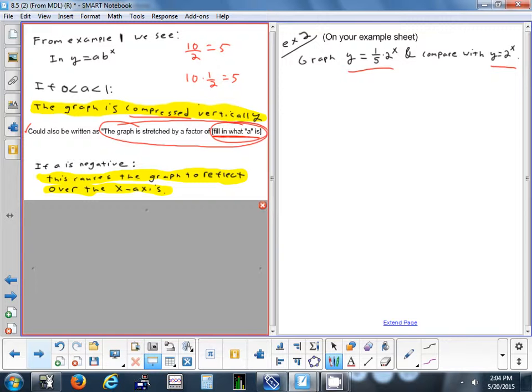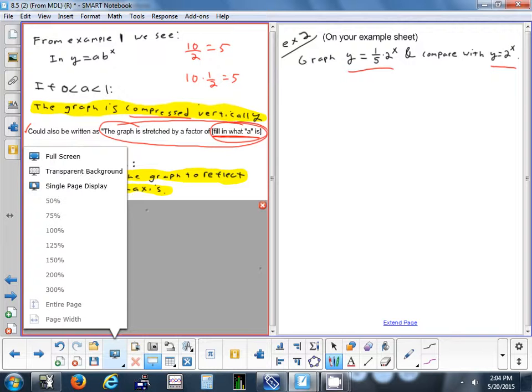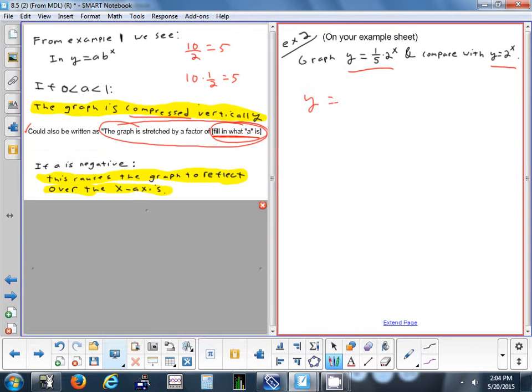So who can tell me what the 1/5 is going to do? All right, so we could say it that way. I would say, let's do it the way I circled though. Graph is stretched. Yeah, say it that way. So y equals 1/5 times 2 to the x is a vertical stretch by how much?